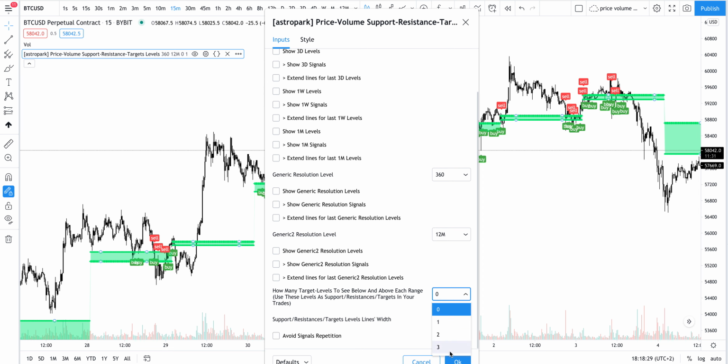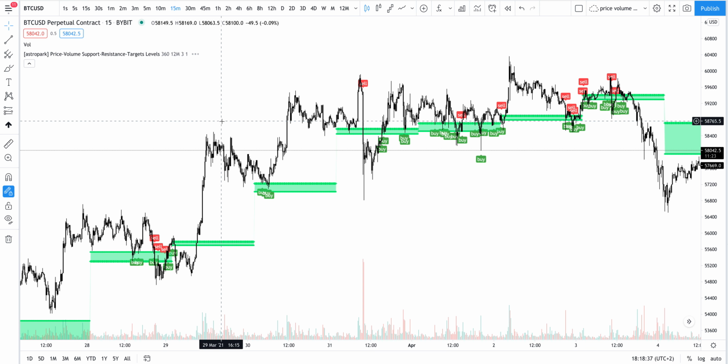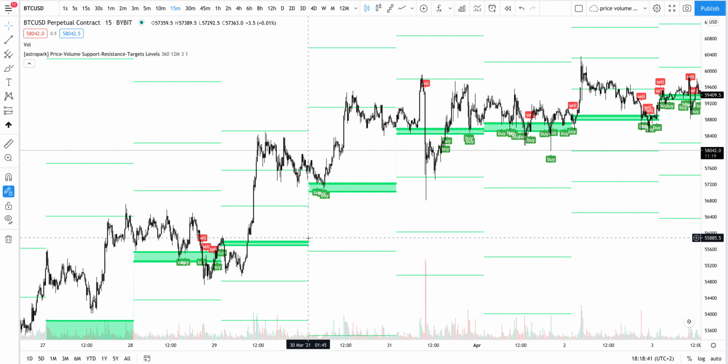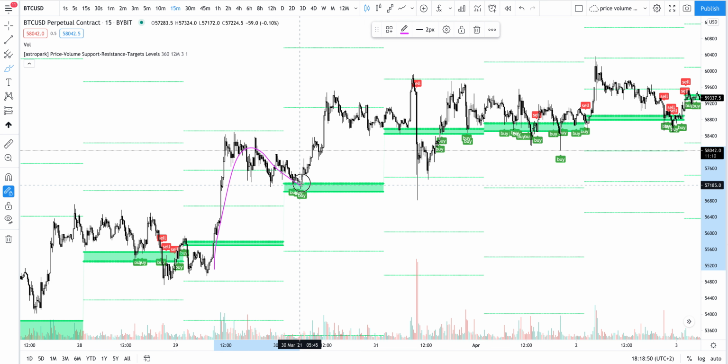Also, let's enable all the possible levels. So 3 levels up and 3 levels down. For example, in this case, let's check this move, which perfectly reached the first level.